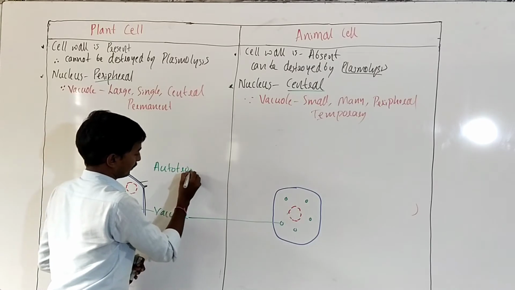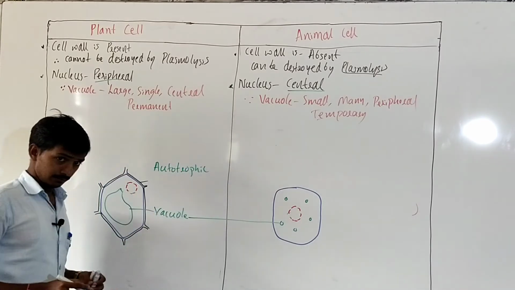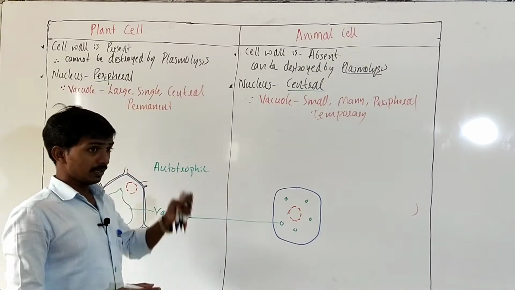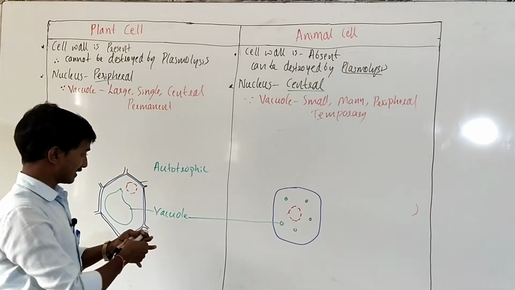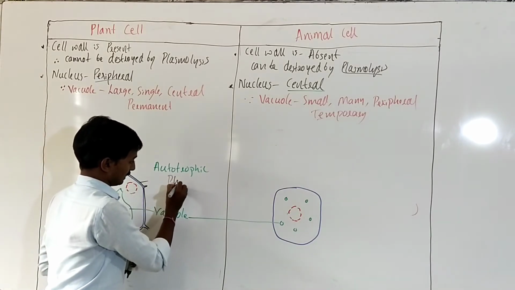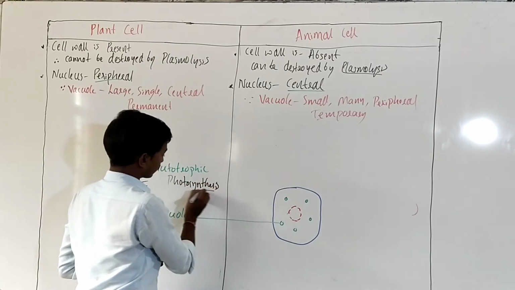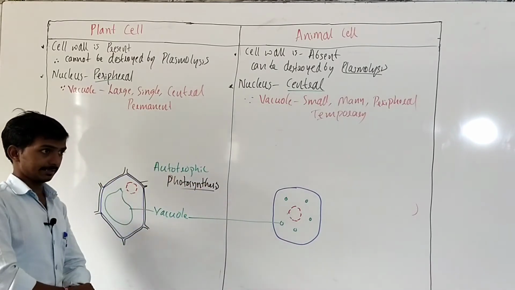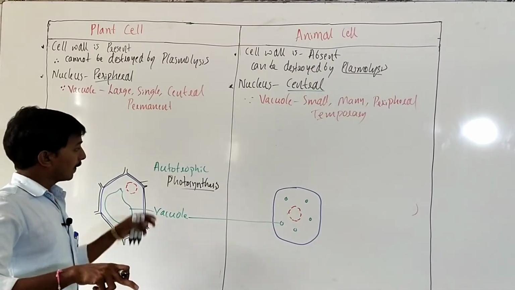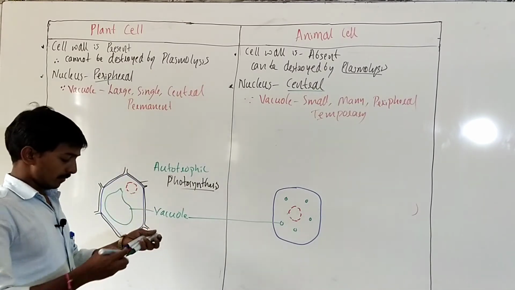Right. Okay. Then, when we say plants, plants are autotrophic. It means the plants prepare their own food by the process known as photosynthesis. And for photosynthesis, the plants have plastids.